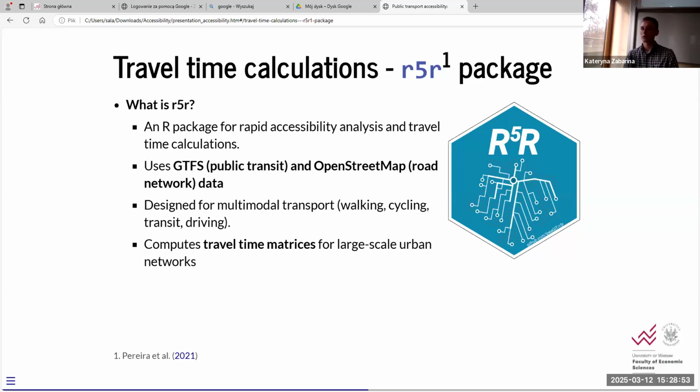For example, apps on the phone for planning routes of public transport, or schedule viewers on Android or iPhones, are mostly based on this format. And the second component was OpenStreetMap, just to get the road network.